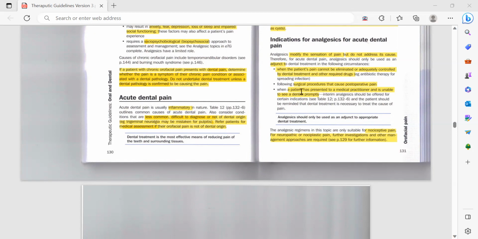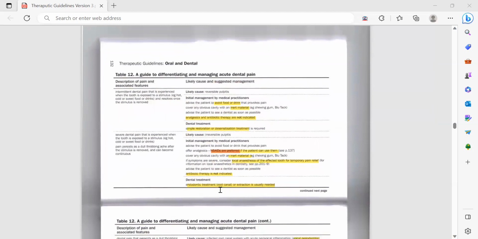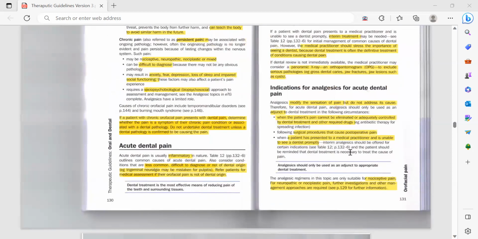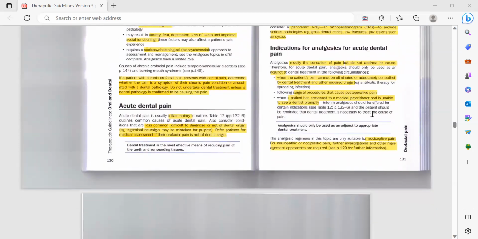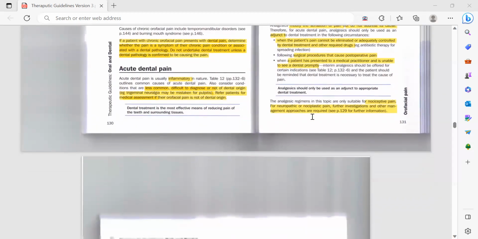painkillers. When a patient has presented to a medical practitioner and is unable to see a dentist promptly, interim analgesics, as we read in this table, that the medical practitioner would prescribe, should be offered for certain indications, and the patient should be reminded that dental treatment is necessary to treat the cause of pain. Then the analgesic regimes in this topic are only suitable for nociceptive pain.